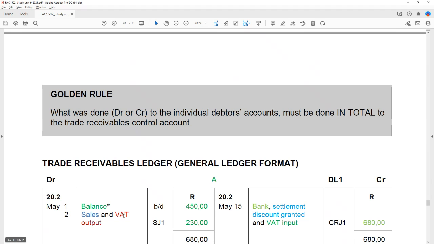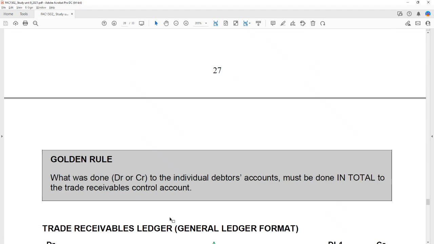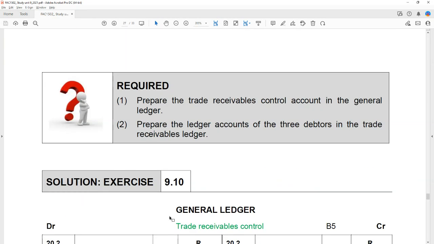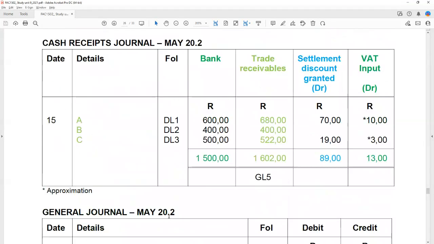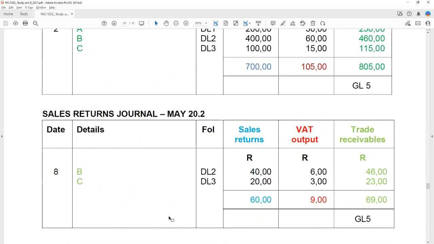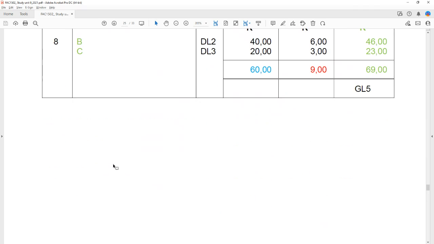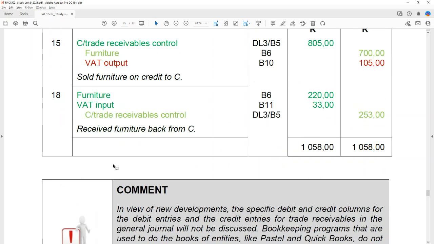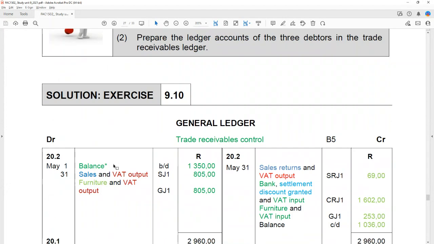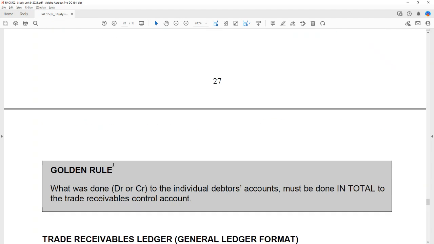And we said the sales will increase our debtors. So if we go to the sales journal, here we have our entry on the 2nd, and that was for 230 Rand for A, and that was the only transaction during May for debtor A. And remember, when we record, it's on the day of the sale that we need to record.